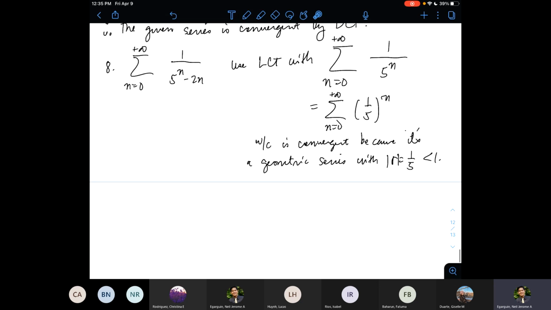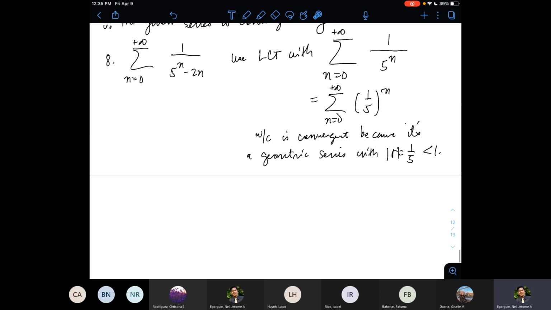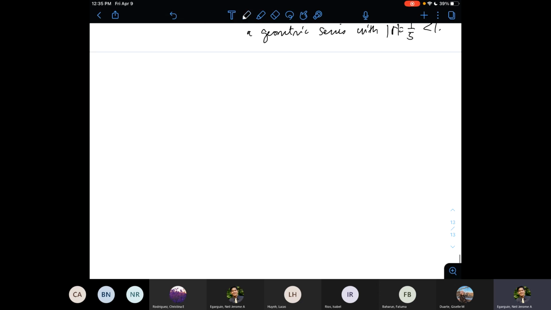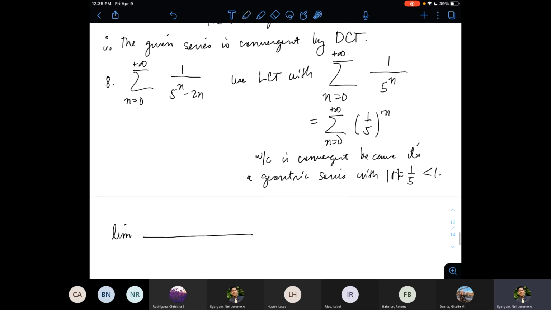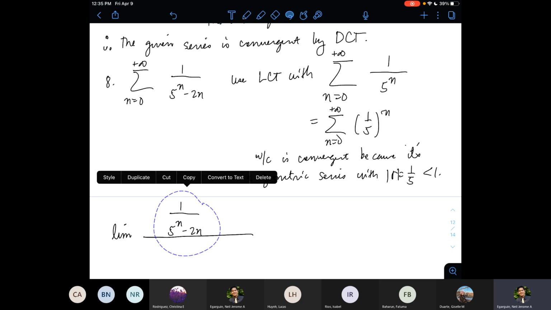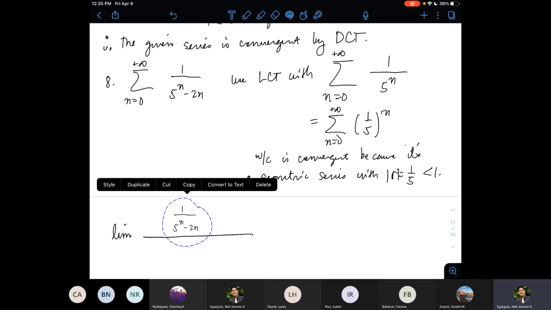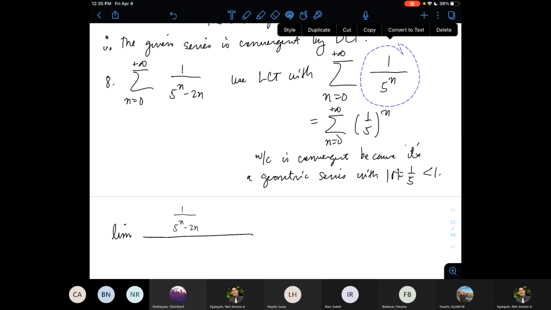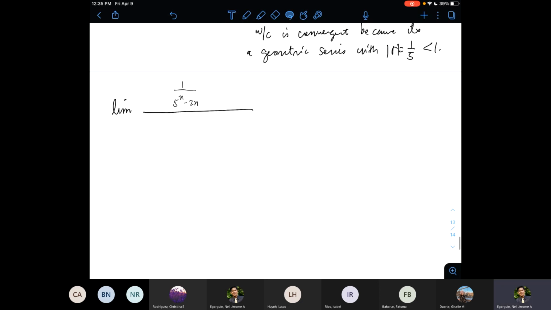Okay. Now let's prove by the limit comparison test that indeed the given series is convergent. So remember, what we need to do is to find the limit of the ratio of the n terms. So we put on the numerator the n term coming from the given series divided by the n term in the testing series.